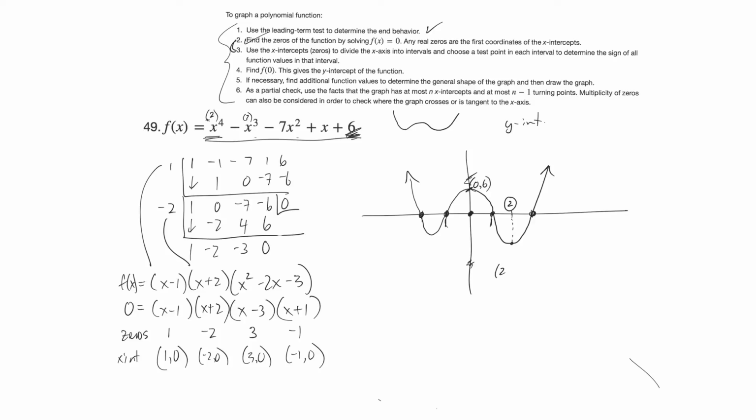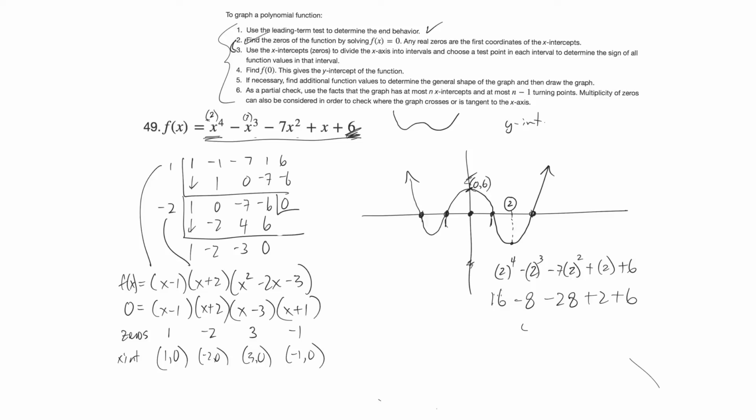So it would be 2 to the 4th minus 2 cubed, brackets, minus 7 times 2 squared, plus 2, plus 6. So that would be 16, minus 8, minus 28, yeah, that's right, plus 2, plus 6.